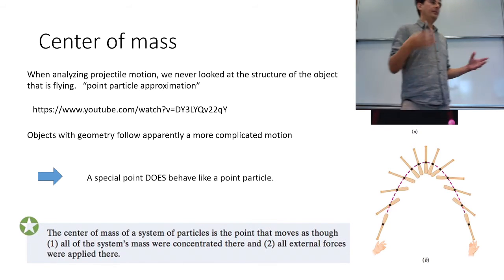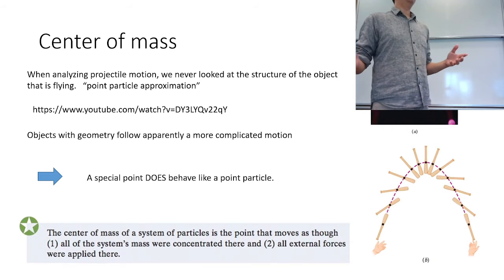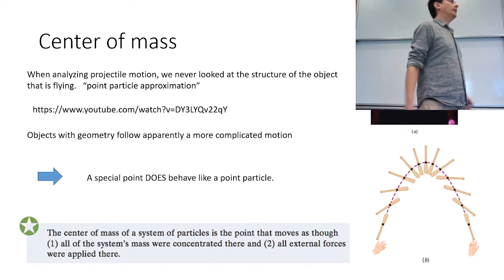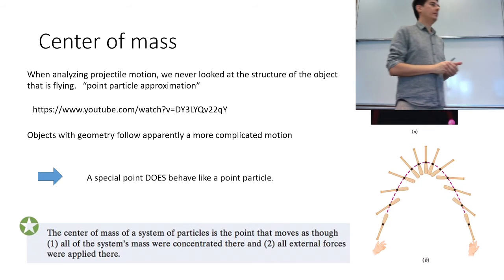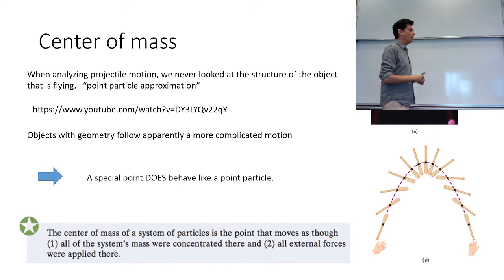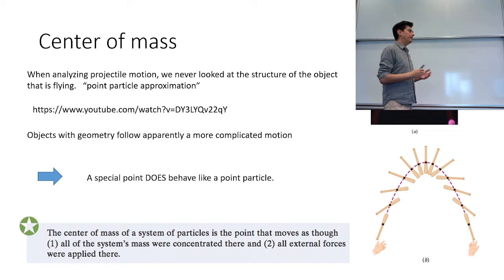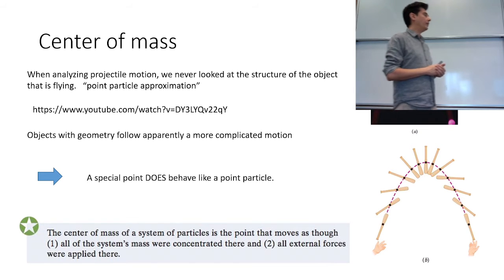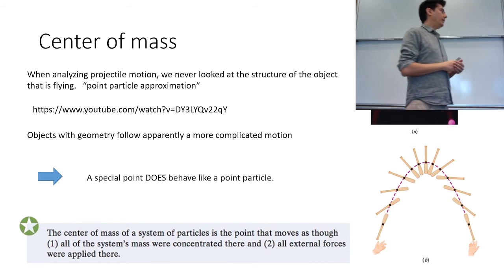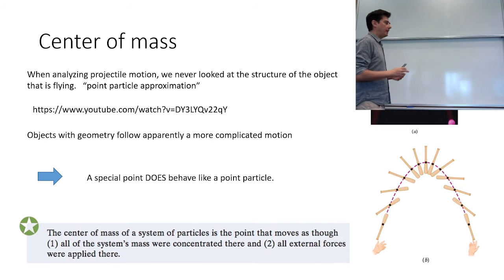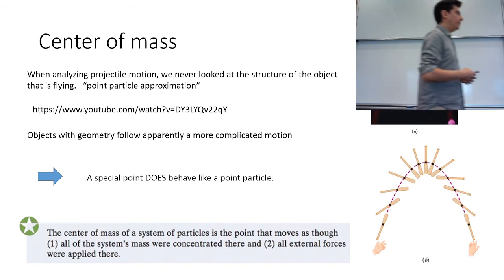Now, you can obviously imagine that the way that this will move is a lot more complicated in general. But there is a special point where you don't have to actually think so much about the actual geometry of the object, and this is where this idea of center of mass is very useful.